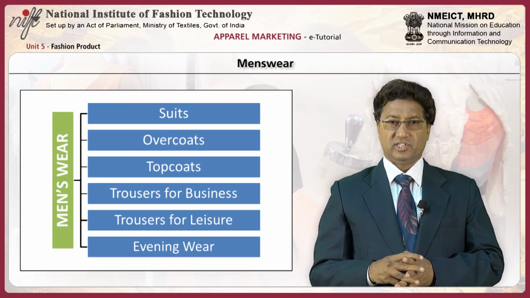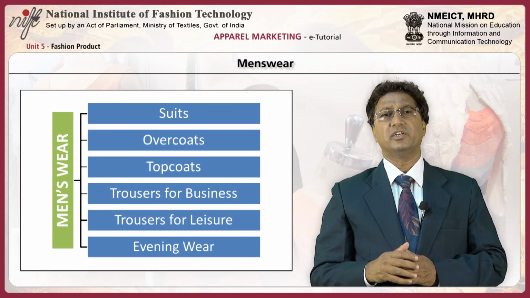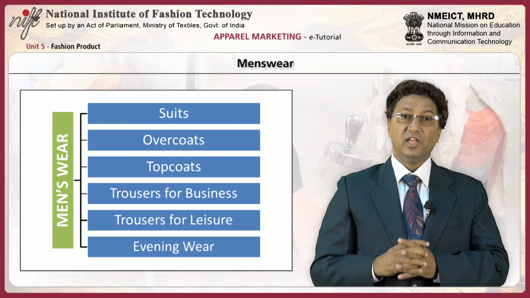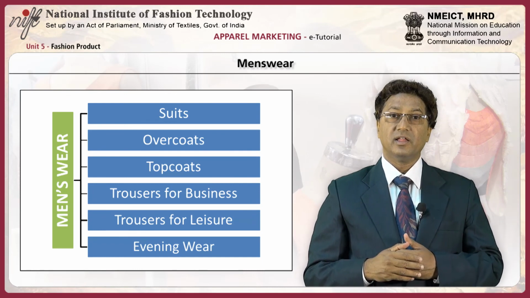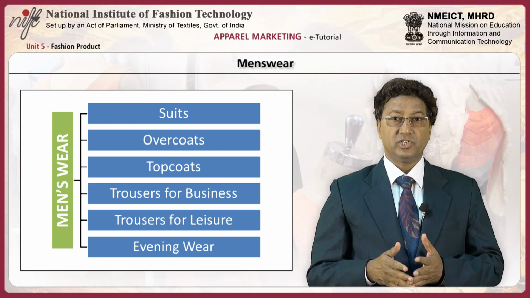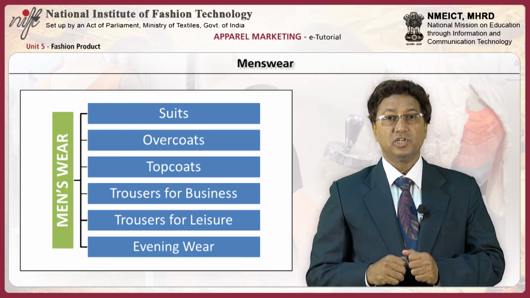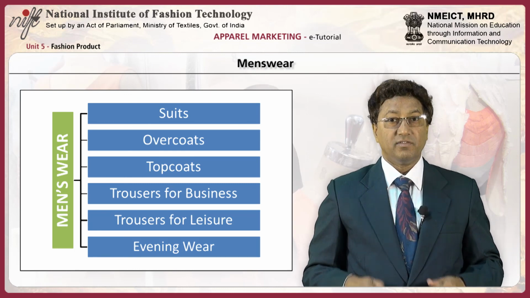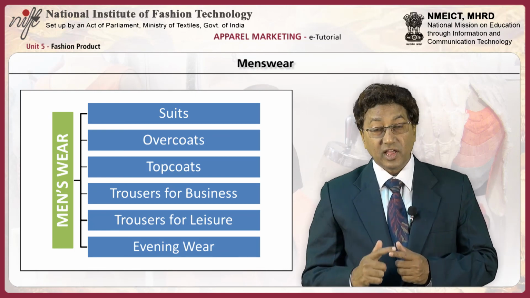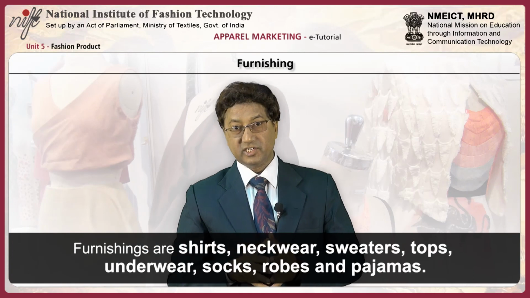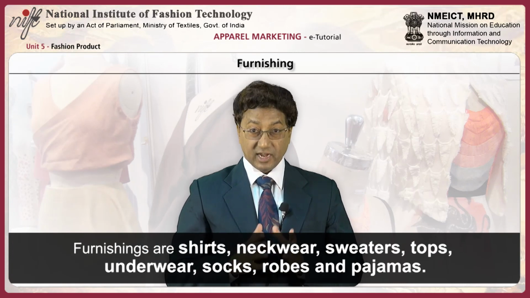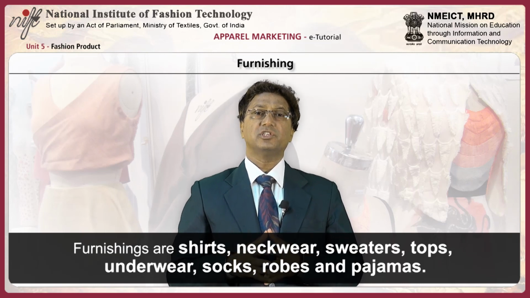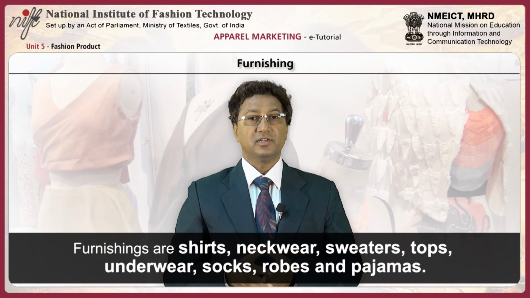With increased awareness of fashion orientation in today's market environment, there are as many categories available to men as to women. Tailored clothing includes suits, overcoats, topcoats, sports coats, and separate trousers for business, leisure, and evening wear. Furnishings are shirts, neckwear, sweaters, tops, underwear, socks, robes, and pajamas.